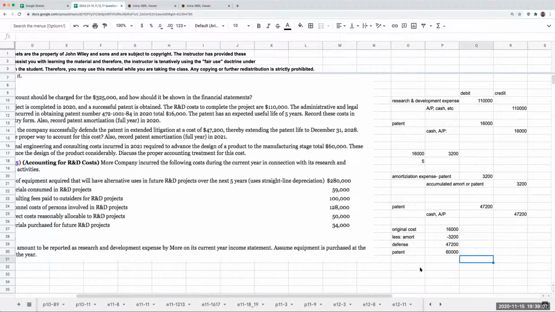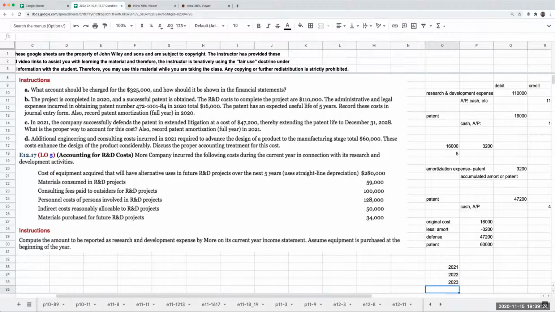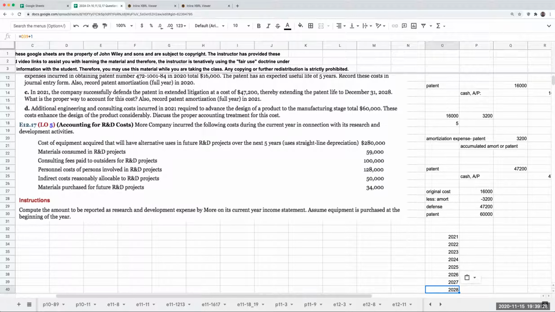Now, what I need to do is amortize this, and it's now saying that it extends the patent life to December 31st, 2028. So if I'm in 2021, 2022, so this is 1, 2, 3, 4, 5, 6, 7, 8.